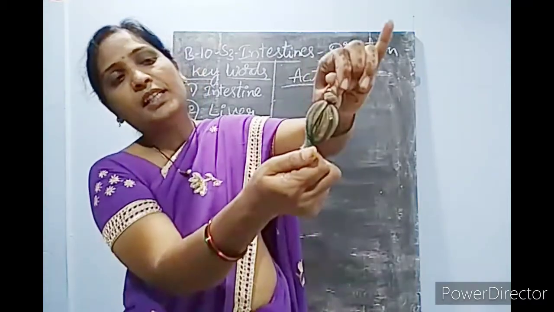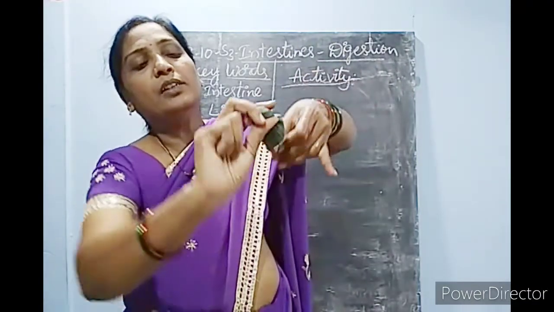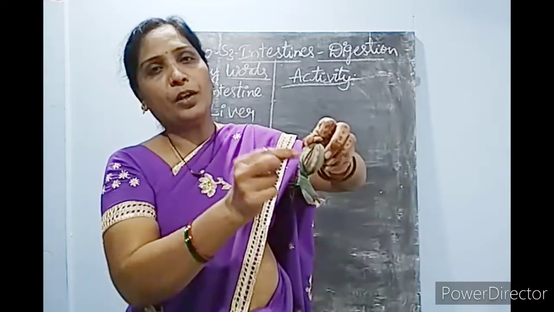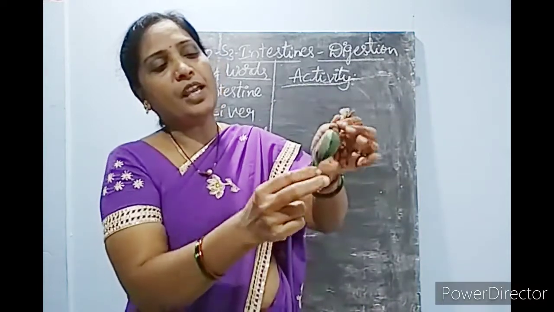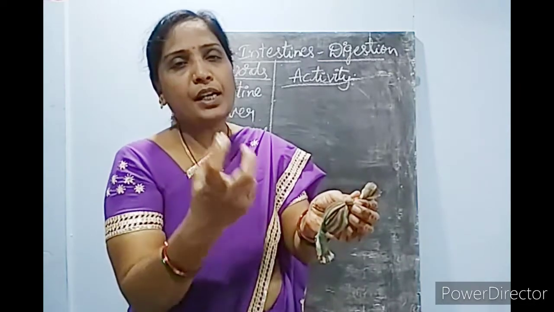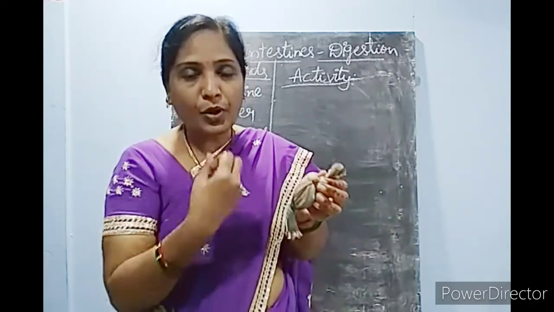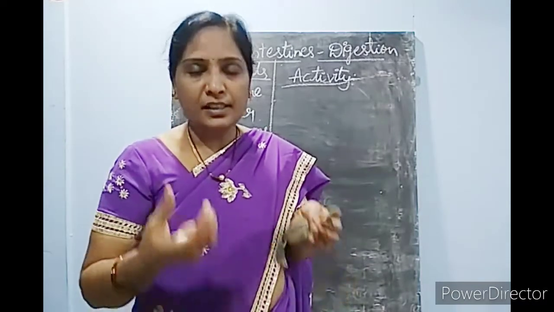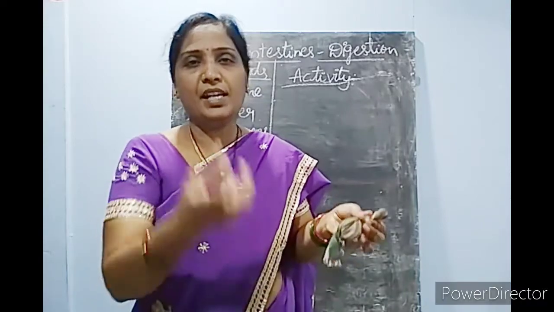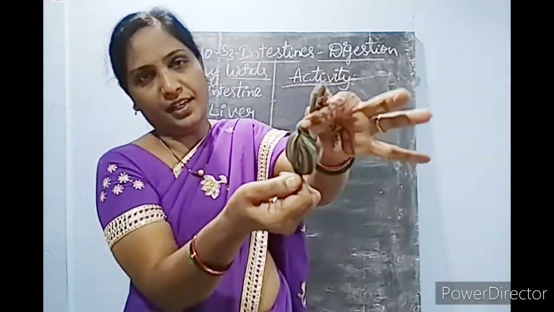That means this cotton cloth is absorbing the watery substance coming out from the food item. In the same way, your intestines absorb the nutrients which are digested. The walls of the small intestine absorb the digested nutrients.